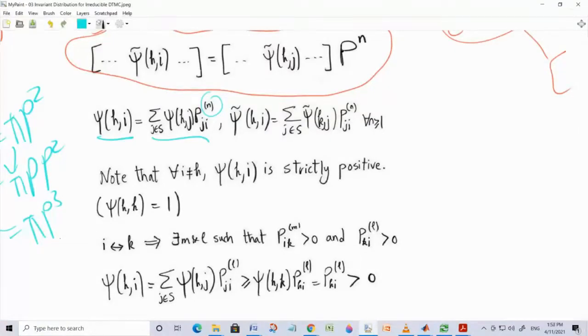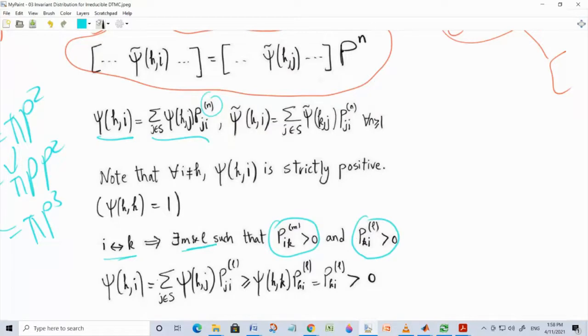We are talking about an irreducible chain. An irreducible chain means that every pair of states communicate. Every pair of states are reachable from one another. So if you take i and k, you are sure that there is p ik of m that is strictly positive and p ki of l that is strictly positive, by definition.